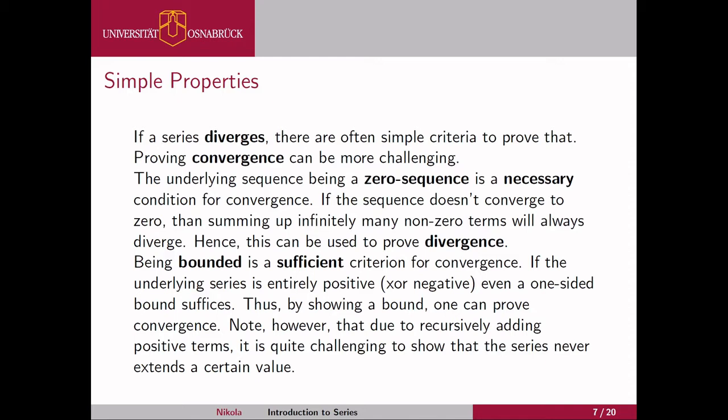The idea of this is that, well, you are constantly adding new terms, and especially if you imagine an all positive underlying sequence, this means that a series will rise monotonously. So every new term will be larger than the previous one.